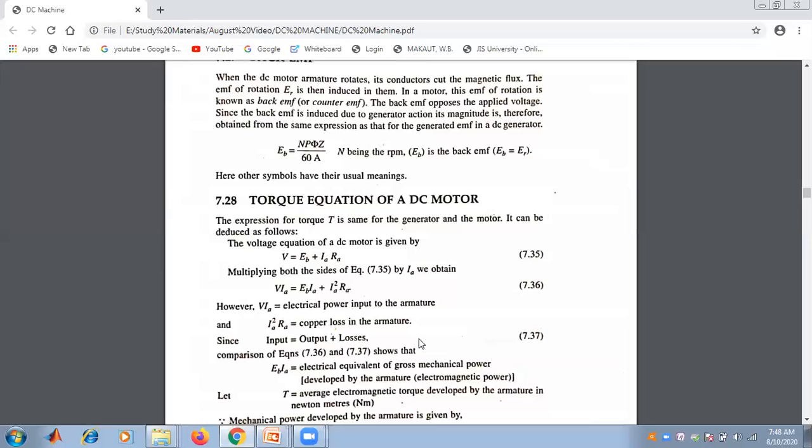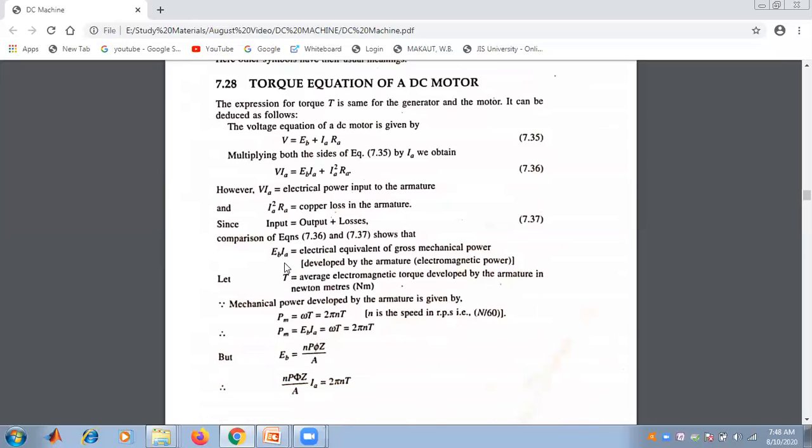So input equals output plus losses. So Eb Ia is the electrical equivalent of the gross mechanical power that is developed by the armature, the electromagnetic power.